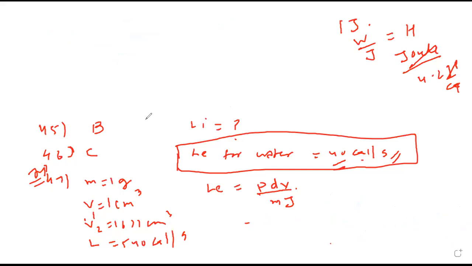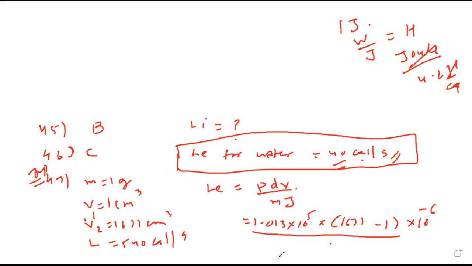I will not calculate in exam because I know this value. Now pressure is 1.013 into 10 raised to 5. dV is 1671 minus 1 into meter cube, 10 raised to minus 6. Mass 1 gram is 10 raised to minus 3, into 4.2. This all is in joule. So final answer will come in calorie.